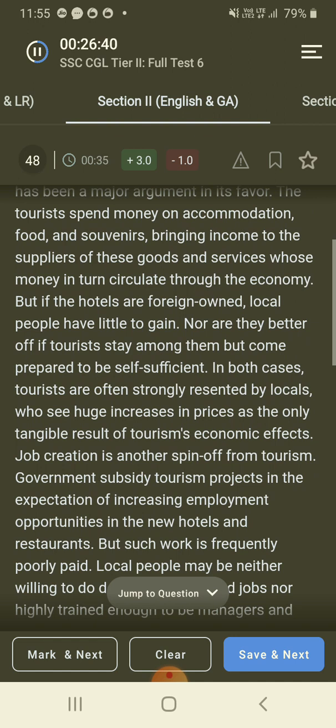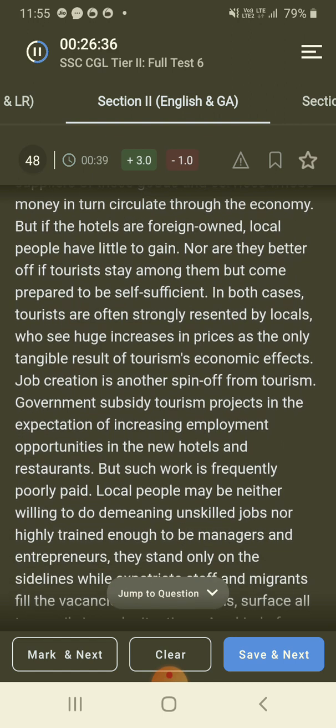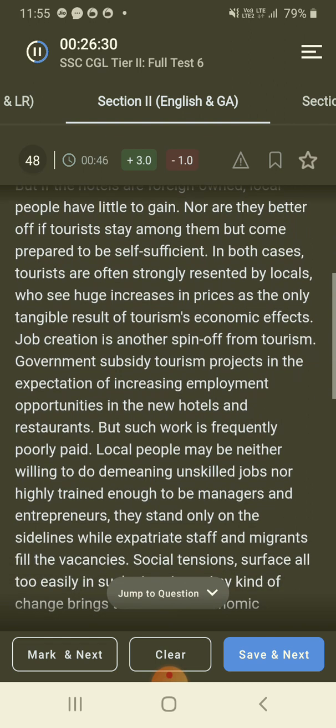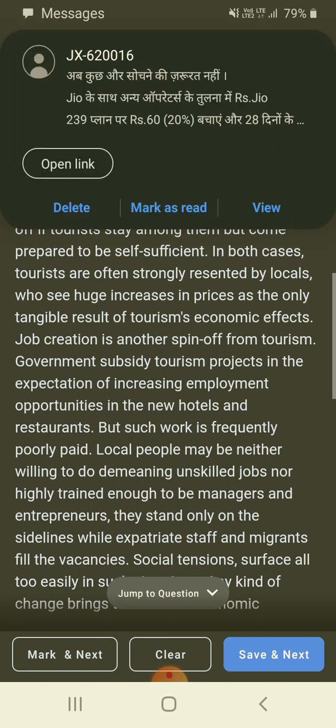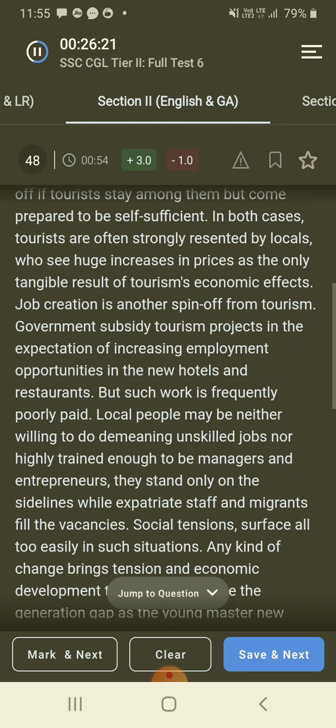But if the hotels are foreign-owned, local people have little to gain, nor are they better off if tourists stay among them but come prepared to be self-sufficient. In both cases, tourists are often strongly resented by locals who see a huge increase in prices as the only tangible result of tourism's economic effect.